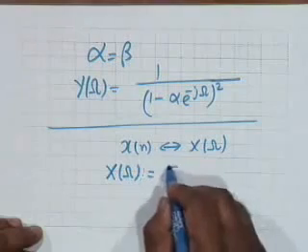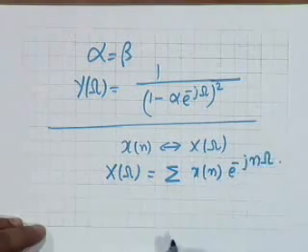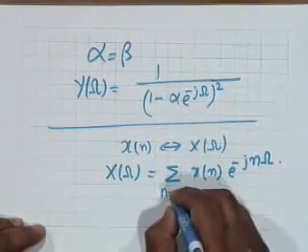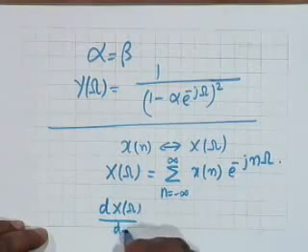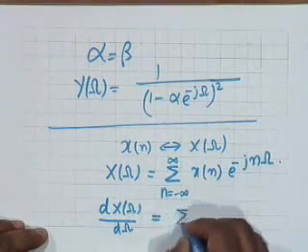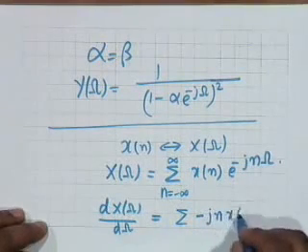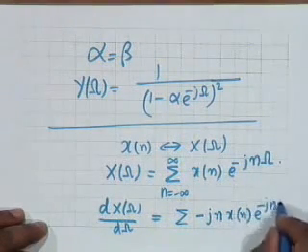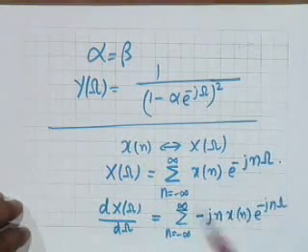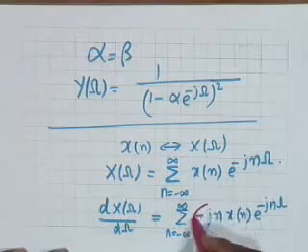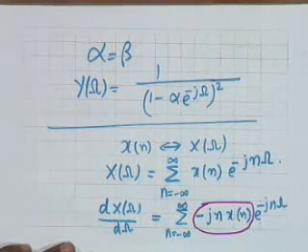Capital X of omega by definition is the sum of x of n e to the minus j n omega, with n equal to minus infinity to plus infinity. And therefore if I differentiate, dX d omega would be equal to the sum of minus j n x of n e to the minus j n omega, n equals minus infinity to plus infinity, which shows that dX d omega must be the Fourier transform of this new sequence minus j n x of n.